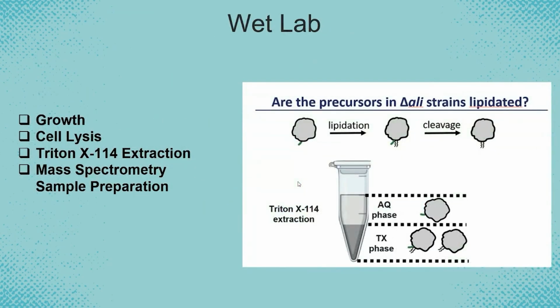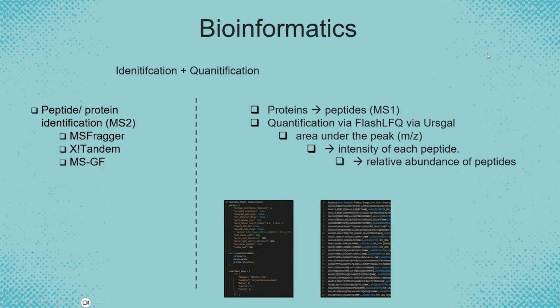The wet lab side includes growth, cell lysis, Triton X extraction, and mass spectrometry preparation. This is more of my contribution to the project. It was peptide and protein identification using the OpenMS framework, with search engines MS-GF, X!Tandem, and MSGF.